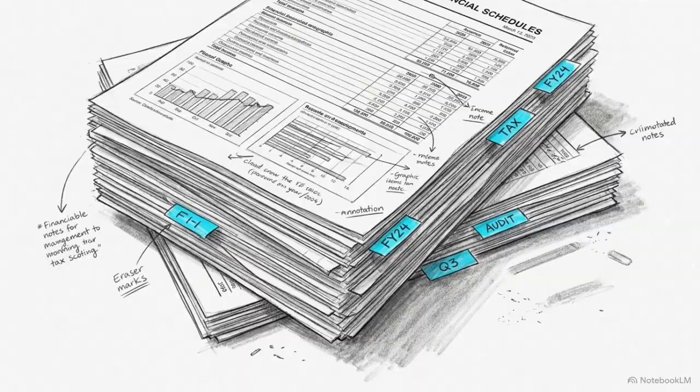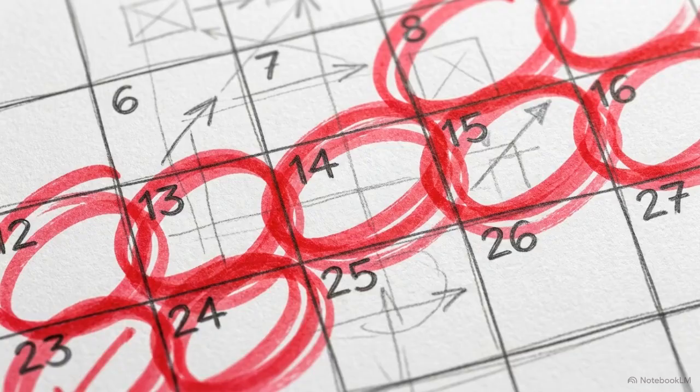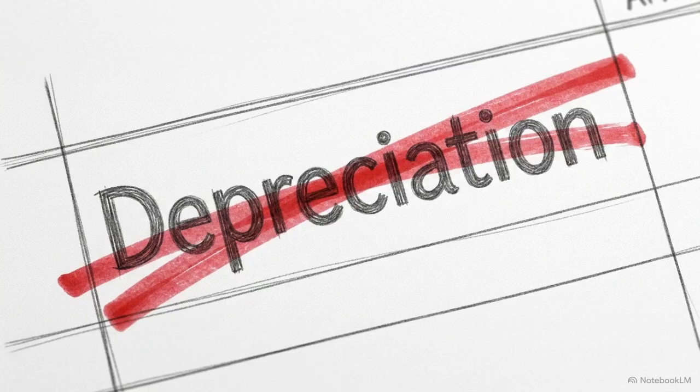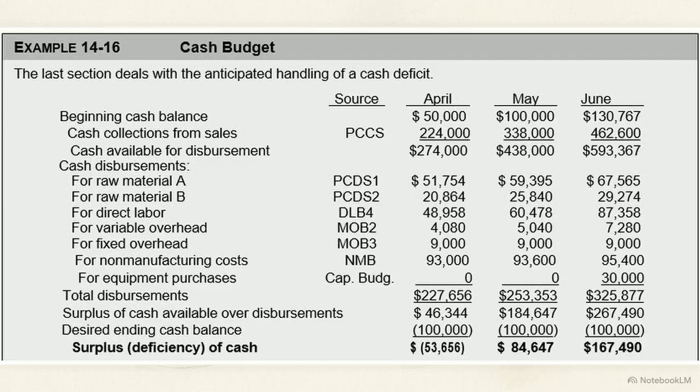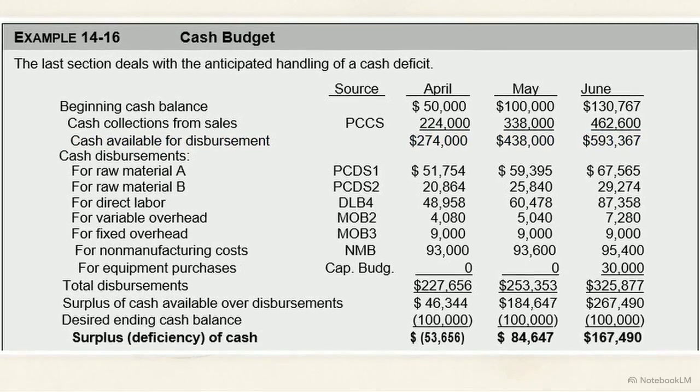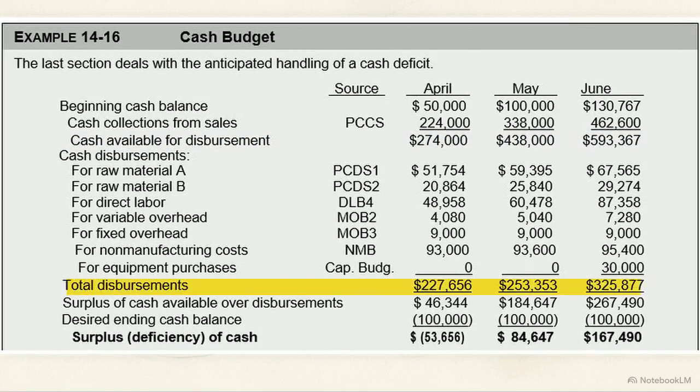All of these localized schedules, the material delays, the non-cash adjustments, and the balance sheet shifts, are ultimately consolidated into the master cash budget. This consolidated quarterly budget starts by adding the beginning cash balance to customer collections, establishing the total cash available for the period. From there, we drop down and subtract the total accumulated disbursements calculated in our previous granular steps.